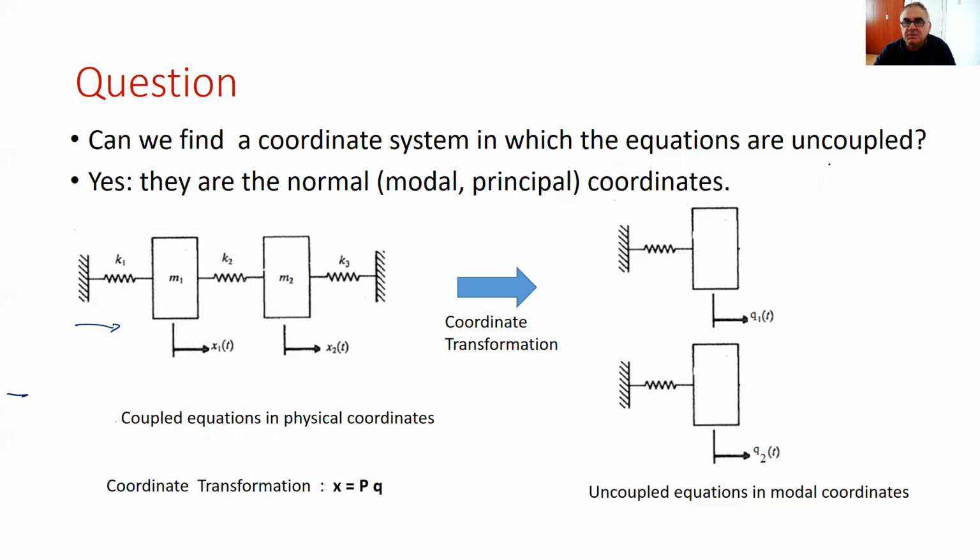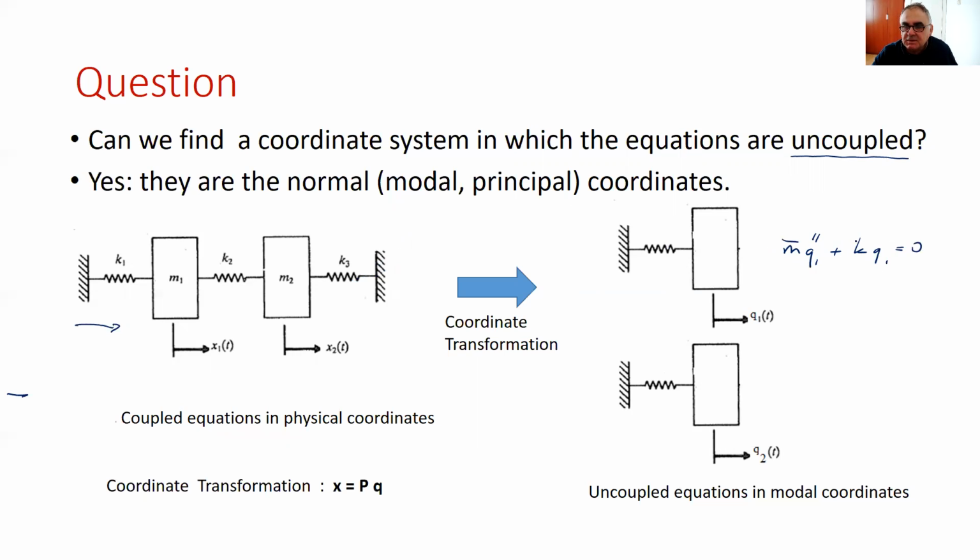And that is the problem in modal analysis. And the answer is yes. That is, if you find a coordinate system in which the equations for the system will be uncoupled, like here, you will have m q double dot plus k q equals 0 for q1.